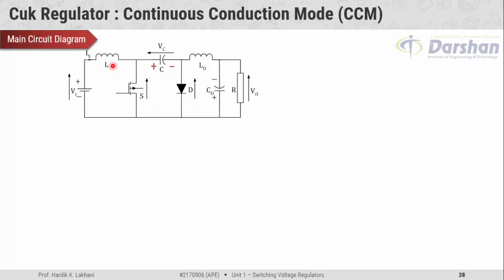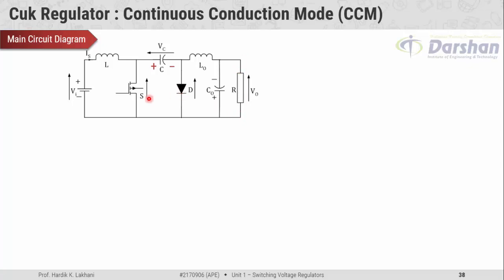This inductor is known as the input inductor and this is known as the output inductor. This capacitor is referred as coupling capacitor and the task of this capacitor is to filter out the ripples and provide the constant steady DC voltage across the load.